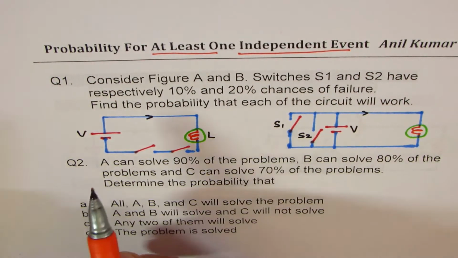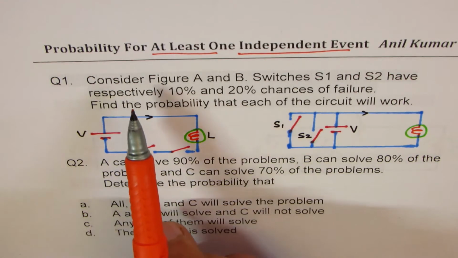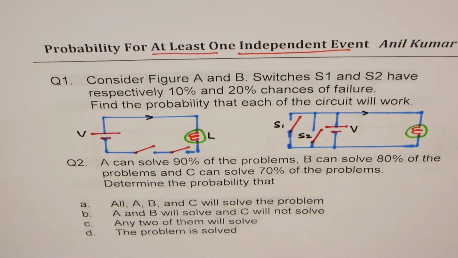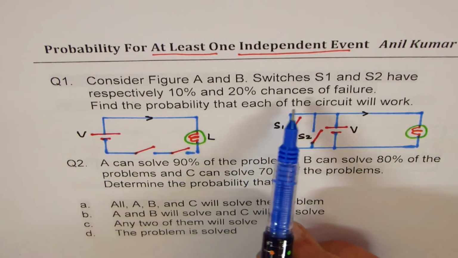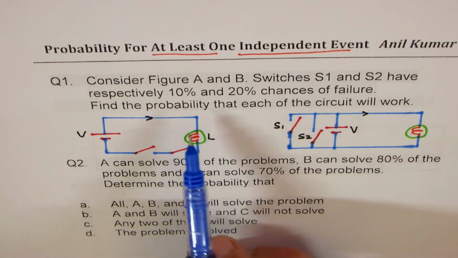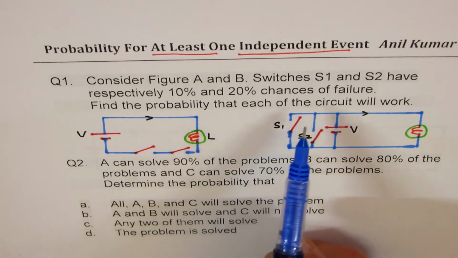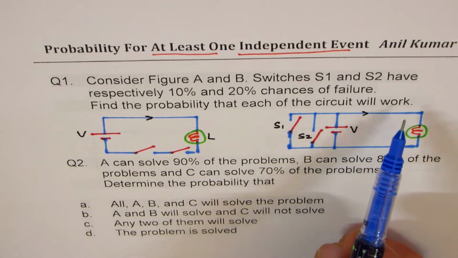Example number one: consider figures A and B. Switches S1 and S2 have respectively 10% and 20% chances of failure. Find the probability that each of the circuits will work.